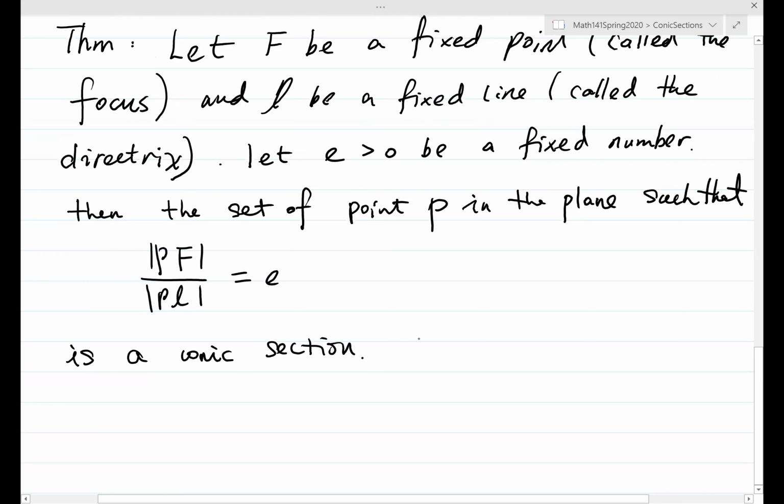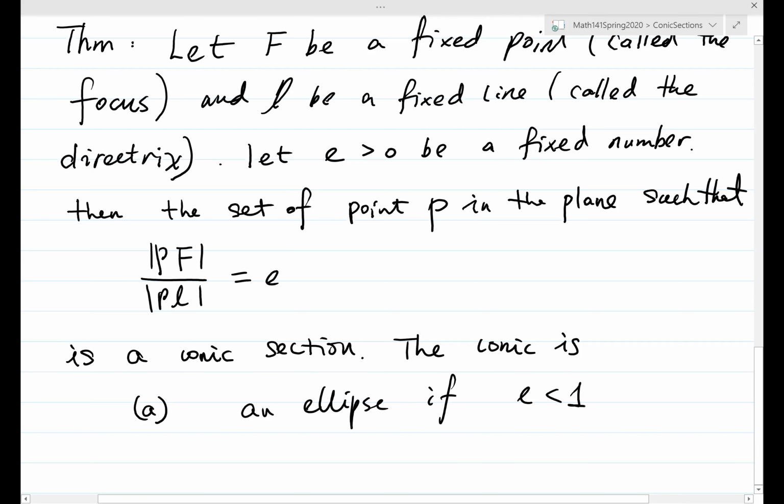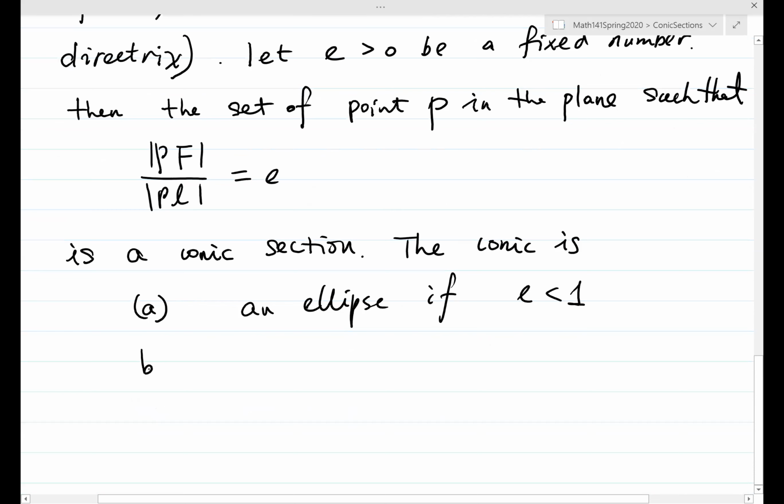And the conic is: A, an ellipse if E is less than 1.